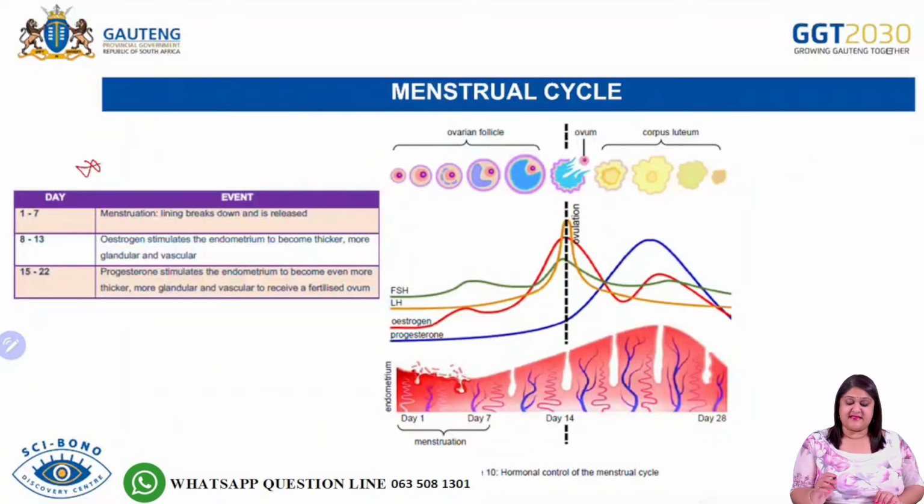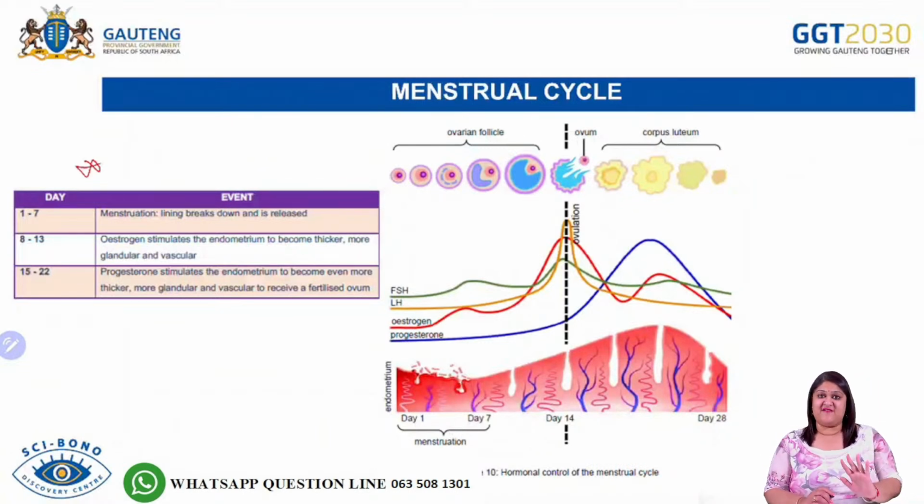for you is basically to show you the major events that you need to understand about the menstrual cycle and you need to remember. The first one is that from day 1 to 7, we have menstruation. That is when the lining, or the endometrium, breaks down and is released. Between day 8 and day 13, estrogen stimulates the endometrium to become thicker, more glandular, and vascular.